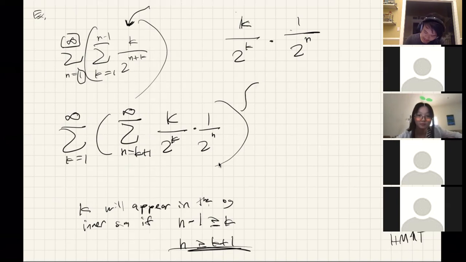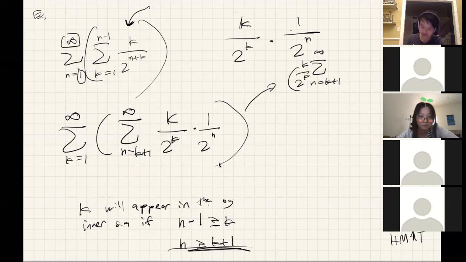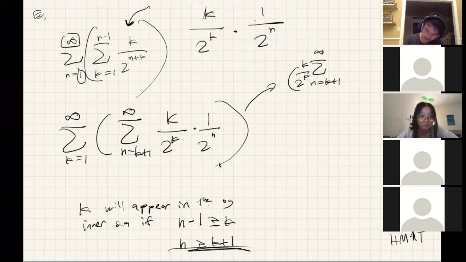This just becomes, first of all, we move k over 2 to the power of k to the outside, because that's not involving n, right? That's why we separated this. So in this sum, once again, k over 2 to the power of k is going to be the same no matter which n we choose in this inner sum.